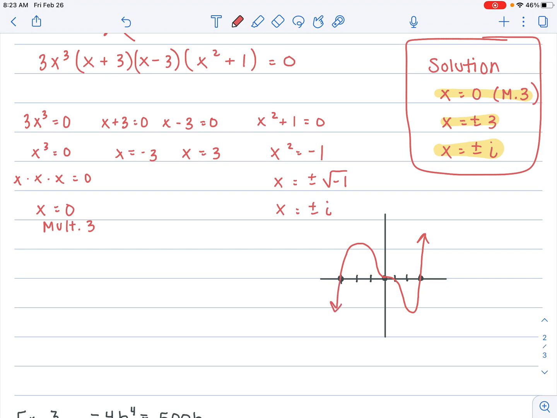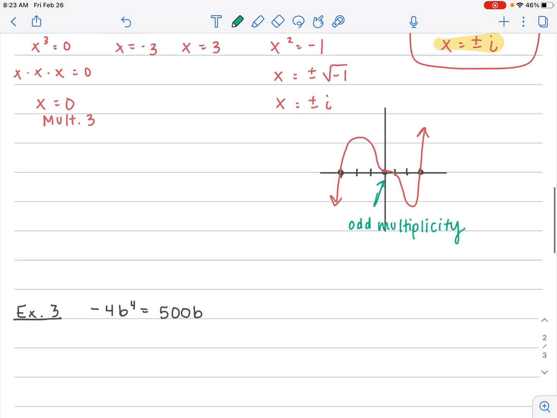All right, so it's going from increasing to still increasing, because that's what we call an inflection point. So this is what an odd multiplicity will look like. If you see a graph, an odd one will look like it goes right through like that, whereas an even one bounces right off of it.